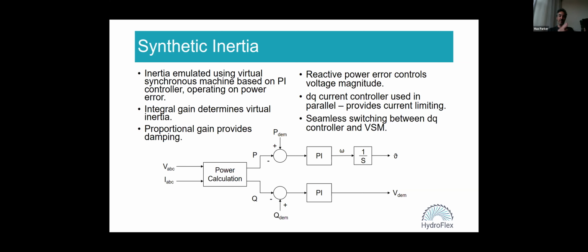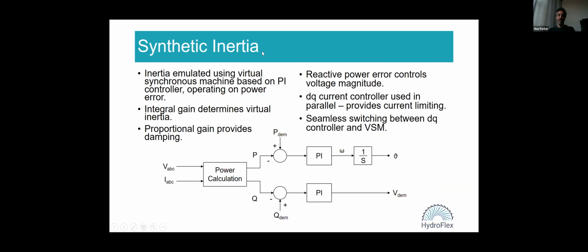So you're further reducing the grid inertia, which is not really desirable. One way of getting around this is to introduce synthetic inertia to the converter control. So the system that I'm using is based on a virtual synchronous machine.